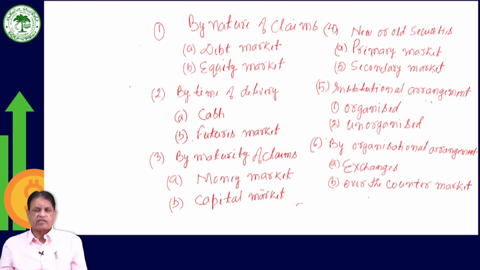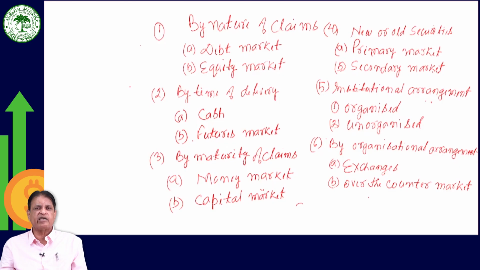So these are some of the ways in which we can classify the financial market, but the usual classification of the financial market is by maturity of claims. Broadly, we classify the financial market into two groups, the money market and capital market. There are other ways as well, but only one is enough, because the purpose here is to know the components of the financial market.